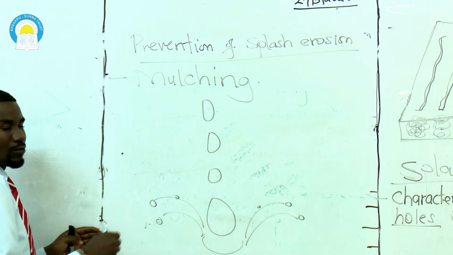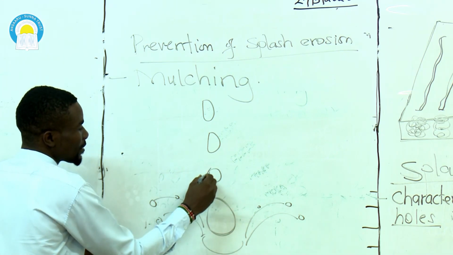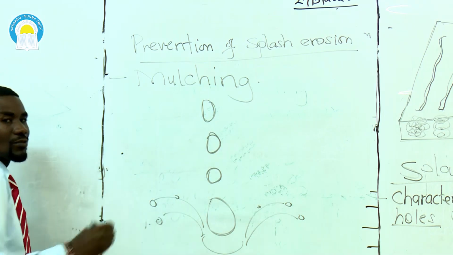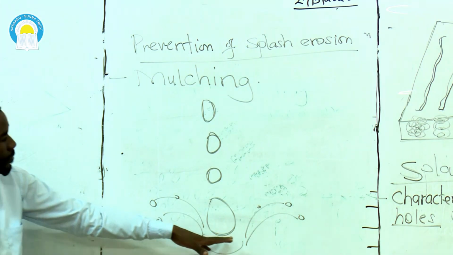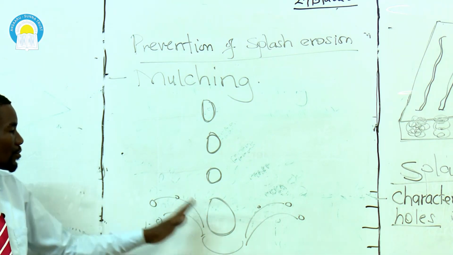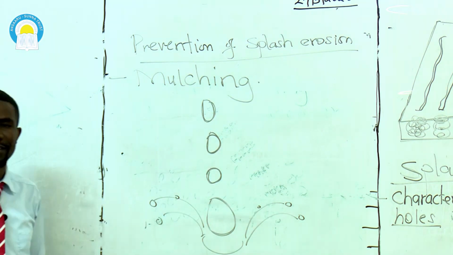So this is how it looks in terms of diagram. Wherever you see this in examination and they ask you to identify, know that this one is a splash erosion. We can see the soil particles are being splashed away from this point to other places.